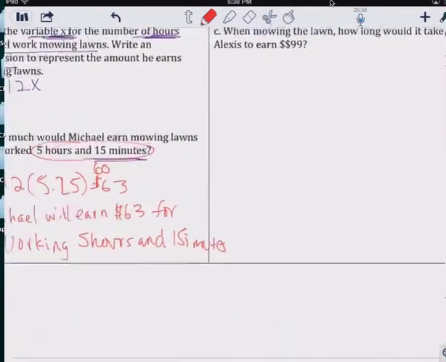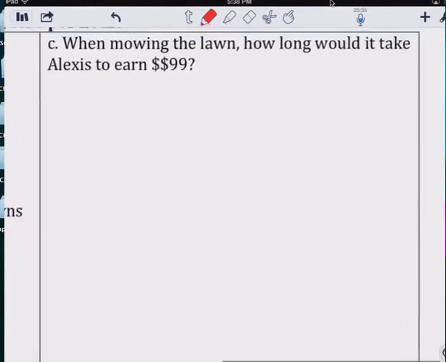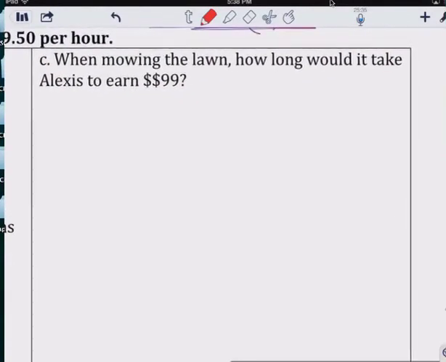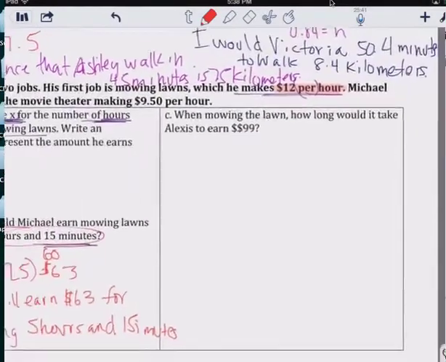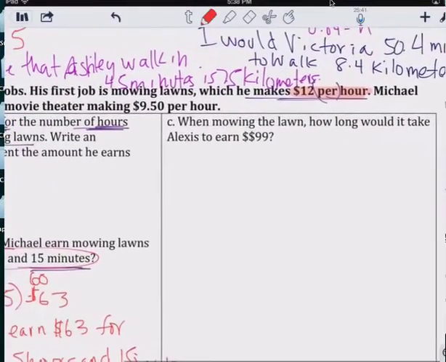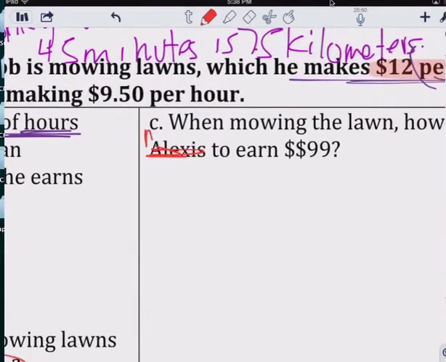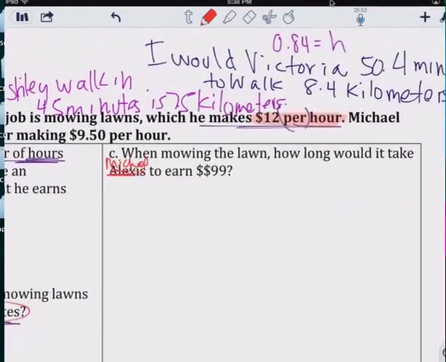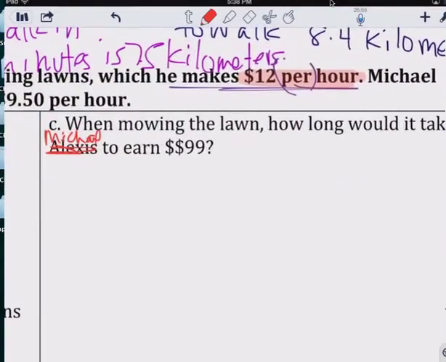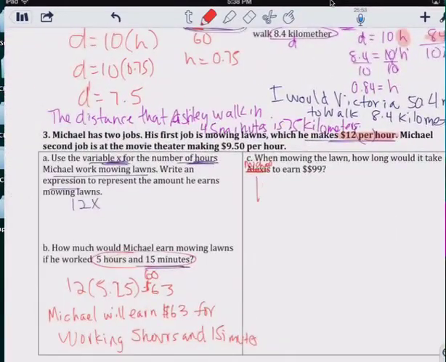Okay, next one. When mowing the lawn, how long would it take Michael to earn $99? Oh, I didn't change the names. Okay, on your test, Alexis, I'm going to have your name in it. So we know that it's $12 an hour times the number of hours, and he's going to earn $99.